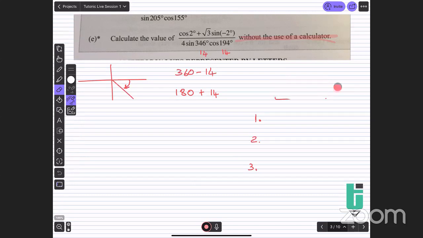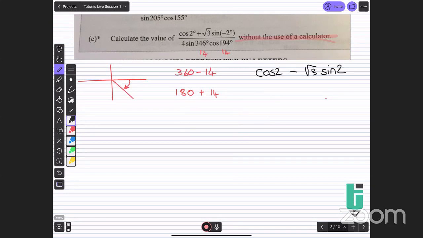So immediately I can change that to cos 2 plus root 3 sine 2. Do you guys agree? So now the angles are the same.